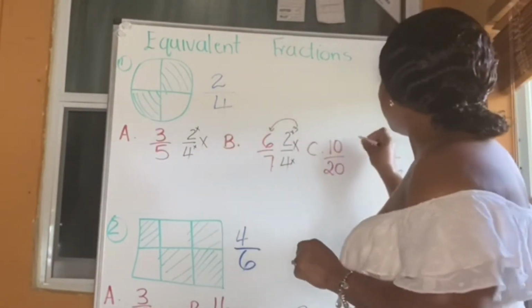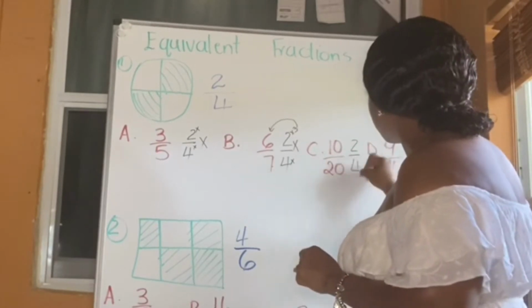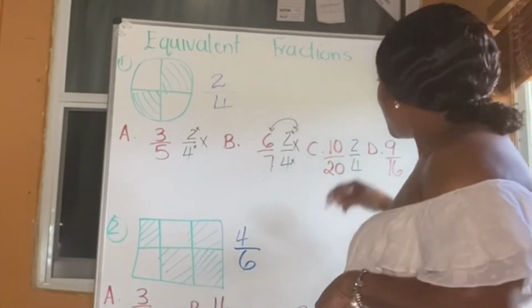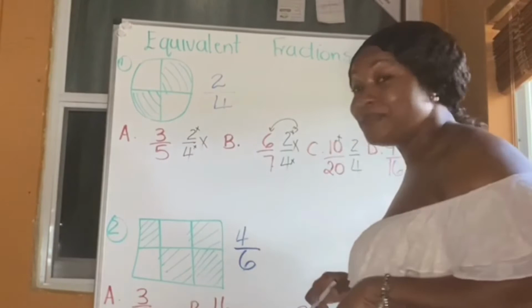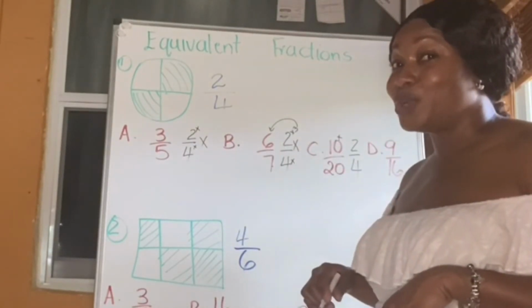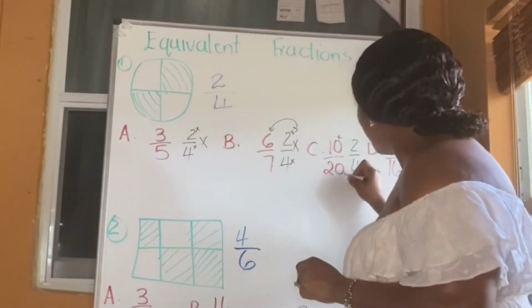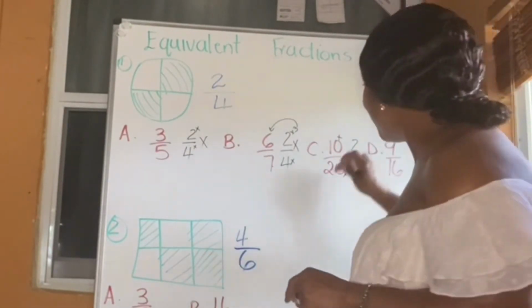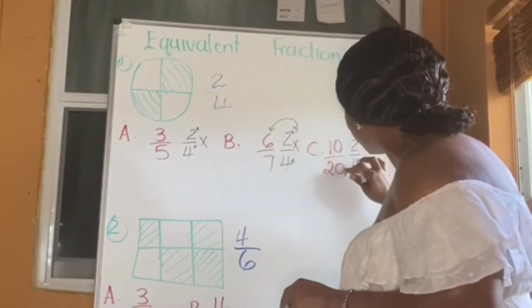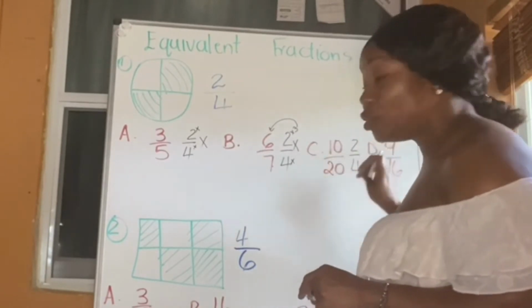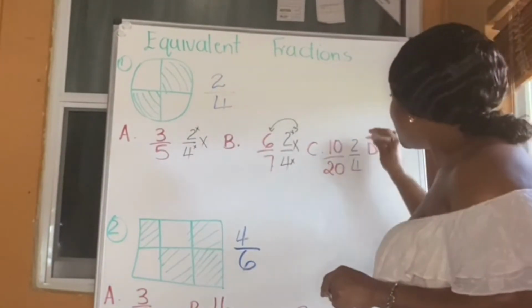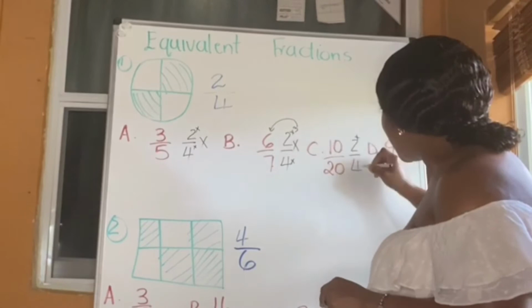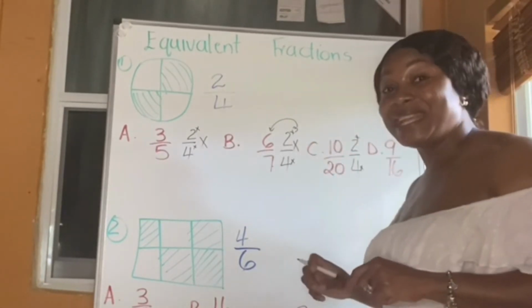Let's look at C. Again, I'm writing my 2/4. Now, can I multiply anything by 10 to get 2? No. Can I multiply anything by 20 to get 4? No, because 10/20 is bigger than 2/4. So then we need to multiply the 2 and the 4 to get the 10 and the 20.